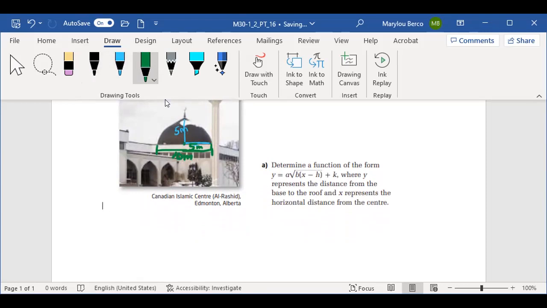So the end point is (5, 0), which should be right here.